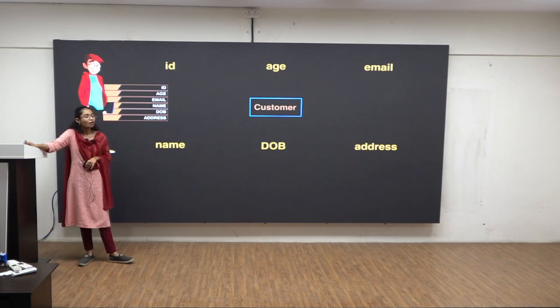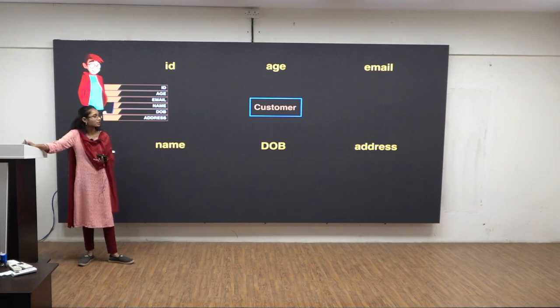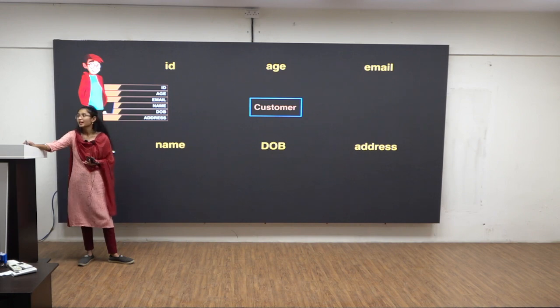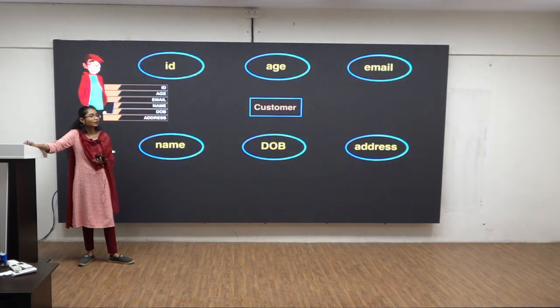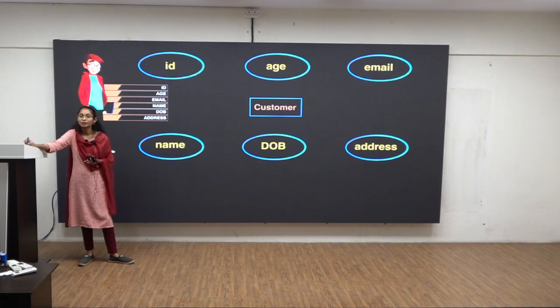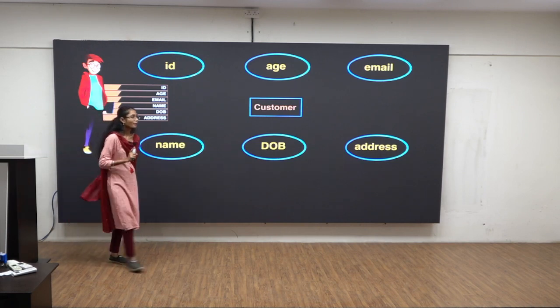And similarly, for attributes also we have a representation. Why? Since it is an ER diagram, a diagrammatic representation, definitely we should have a representation here. This is how the representation is given for an attribute, and it is an ellipse.